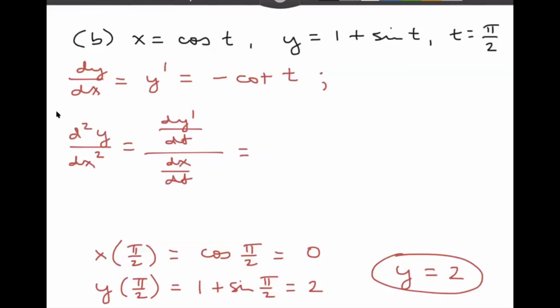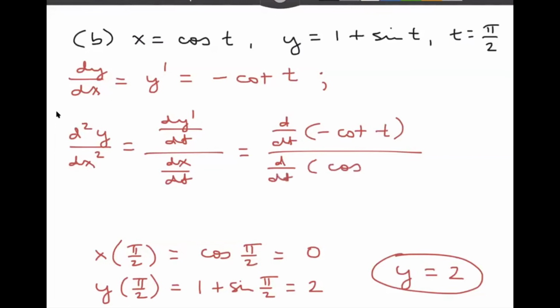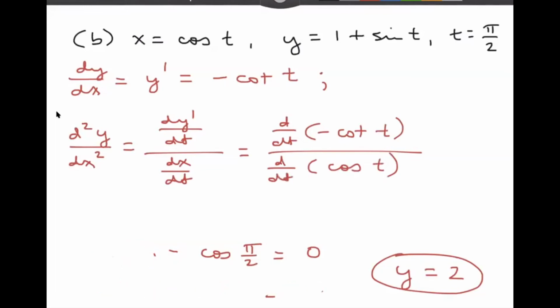All right, so we need the derivative with respect to t of negative cotangent t divided by the derivative with respect to t of cosine t. All right, so that is going to be cosecant squared t divided by negative sine t.